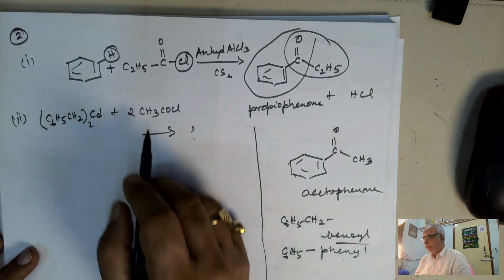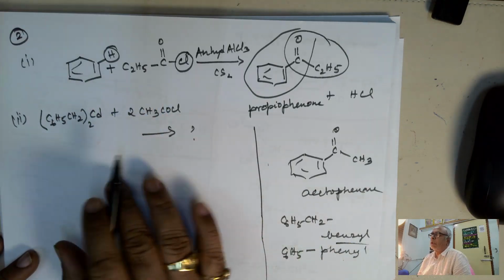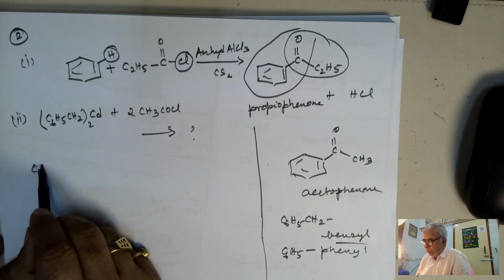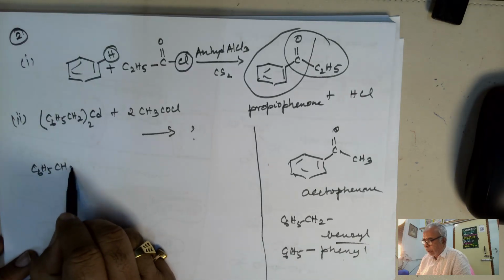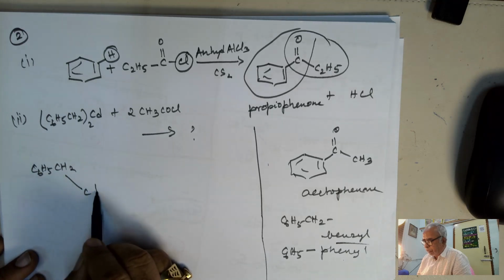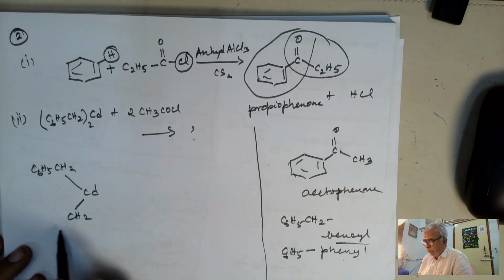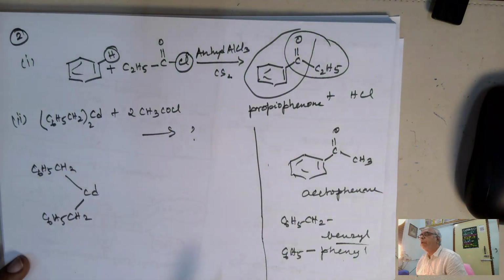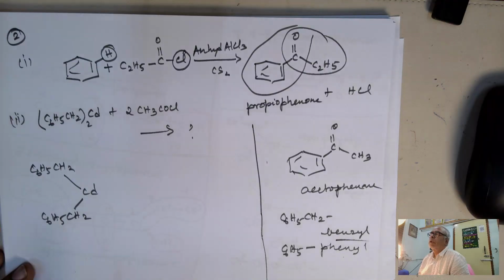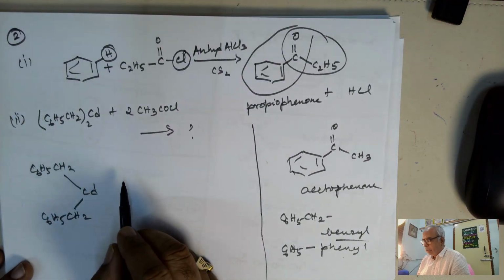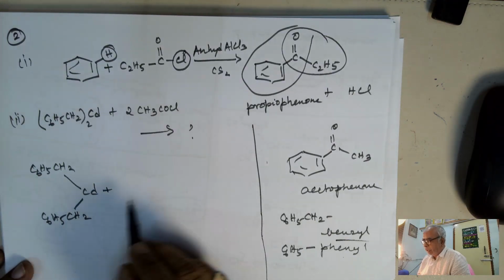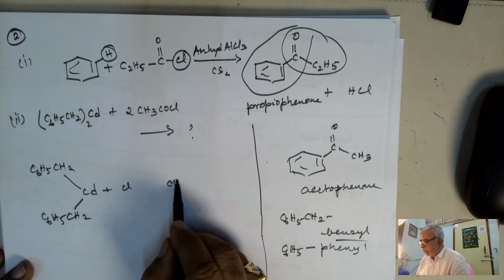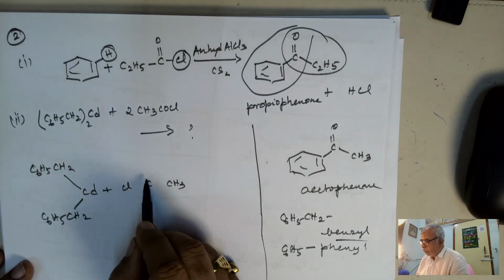So dibenzyl cadmium reacts with CH3COCl. What is the product? Let me illustrate this. You can write the equation in this way: Cd(CH2C6H5)2, dibenzyl cadmium, reacts with CH3COCl, that is Cl-C(=O)CH3.